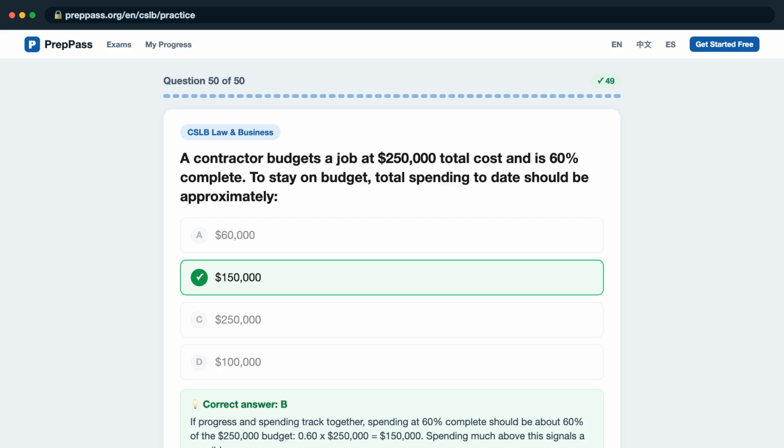The correct answer is B. If progress and spending track together, spending at 60% complete should be about 60% of the $250,000 budget. 0.60 x $250,000 equals $150,000. Spending much above this signals a possible overrun.